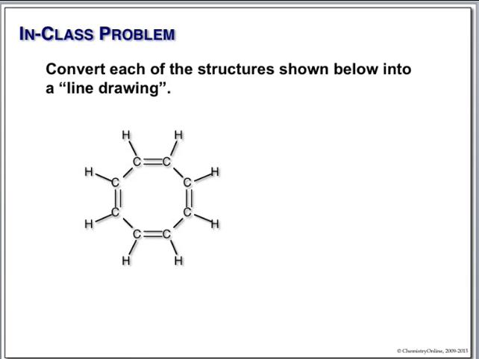And finally, let's take this cyclic alkene and represent it. This is called cyclooctatetraene. What you must do here is draw a perfect stop sign and simply place double bonds in the appropriate positions.